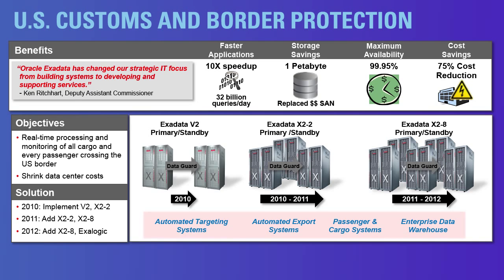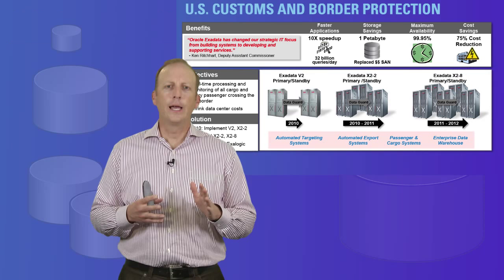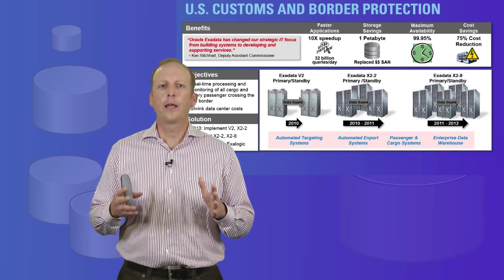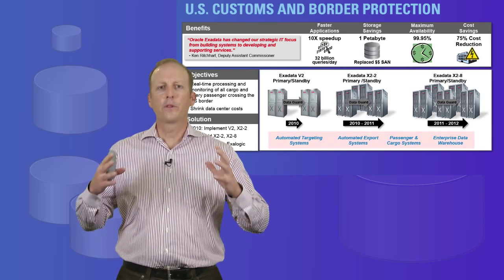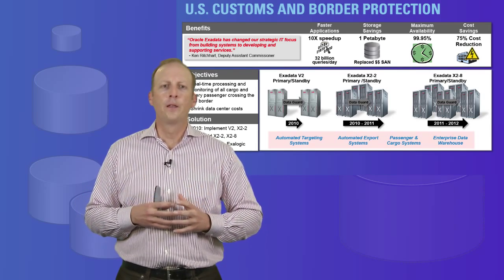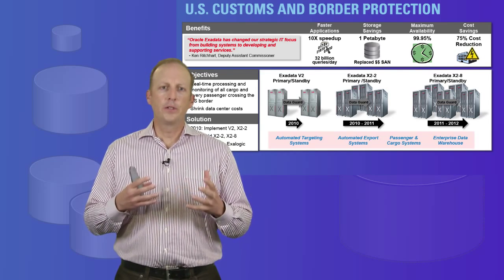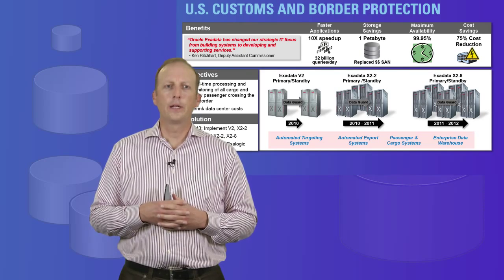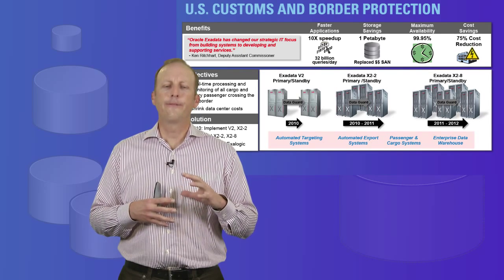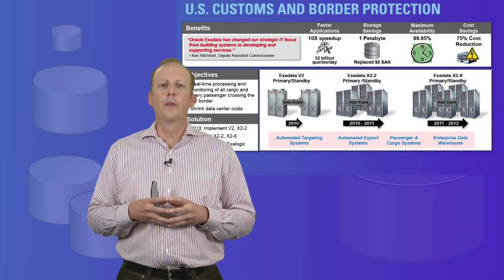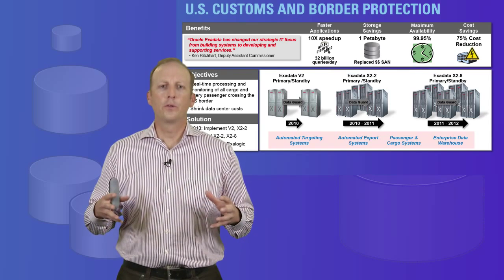For, I think it is, every 5 minutes that the system would be down, something like 30,000 people would be stuck at borders of North America, not being able to get into the country. So they looked to Exadata as their de facto database platform for really simplifying the old system they had in place.